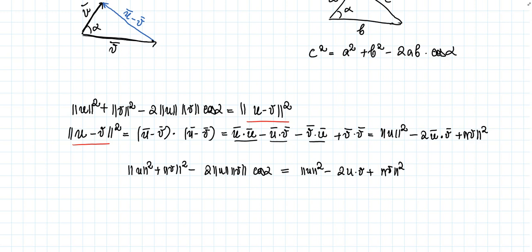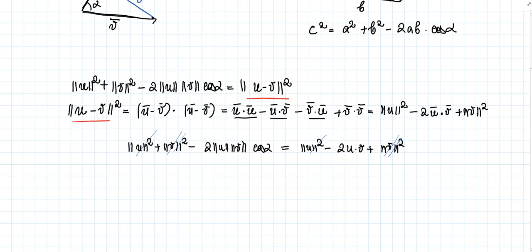Okay, so can we cancel something here? Actually, we can cancel the norm of u in the square and the norm of u in the square. We can also cancel the norm of v in the square and the norm of v in the square, right? So what is left is 2 norm of u, norm of v, cosine of alpha is equal to 2 u dot v.